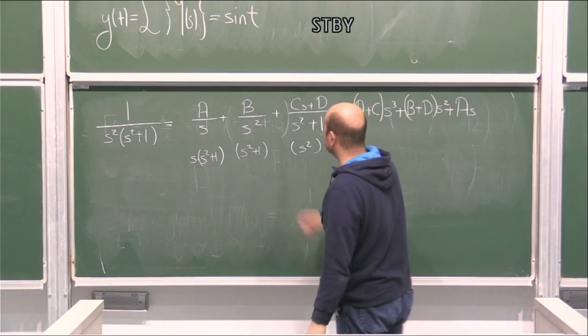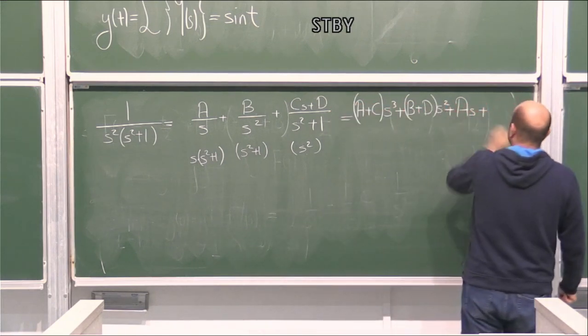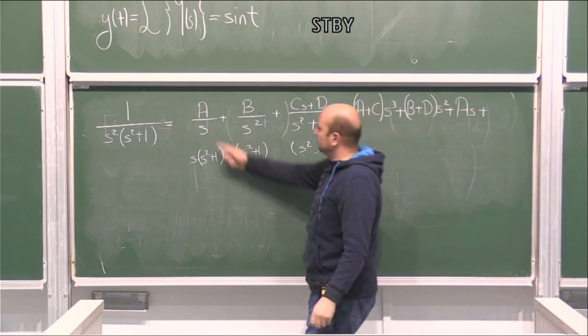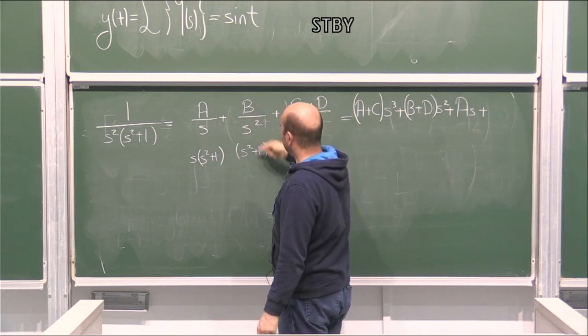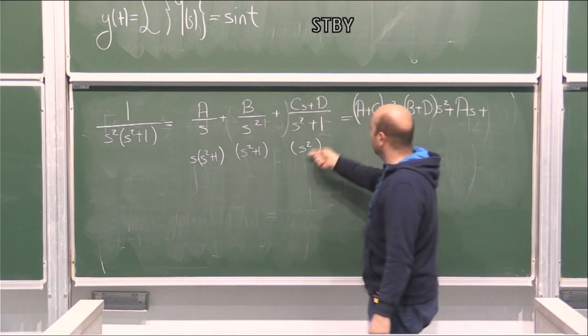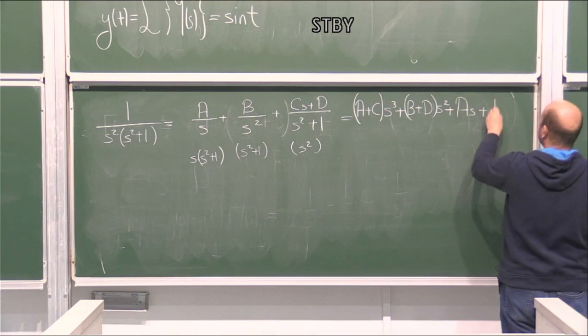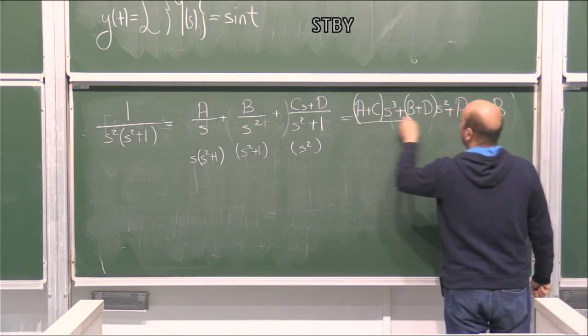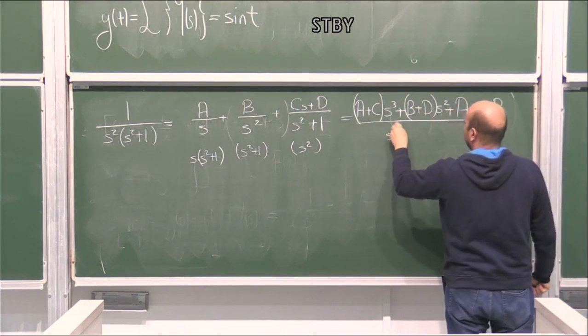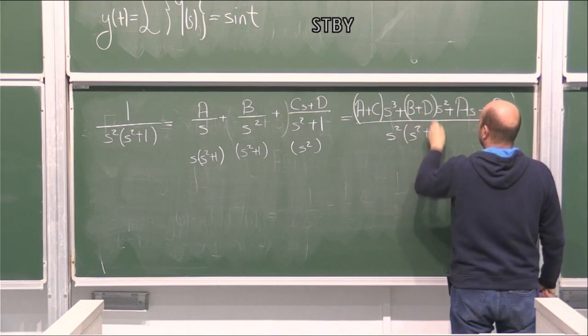And then the constant term, no constant coming here. We have b here and no constant coming there, so just we have b over s squared plus 1.